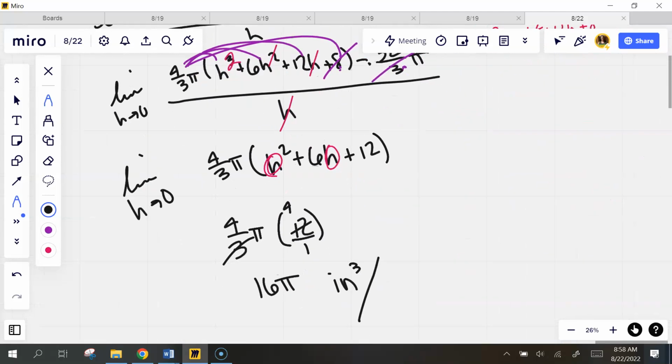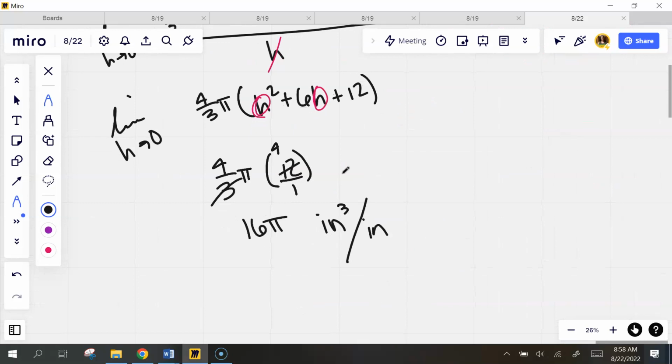Inches. This is inches cubed per inch. I know that is weird, but that's the rate. It's the y units over the x units, or the dependent over the independent. So that's my rate of change. Inches cubed per inch. That means for every inch that the radius increases, the volume is increasing 16 pi cubic inches. Does that make sense?